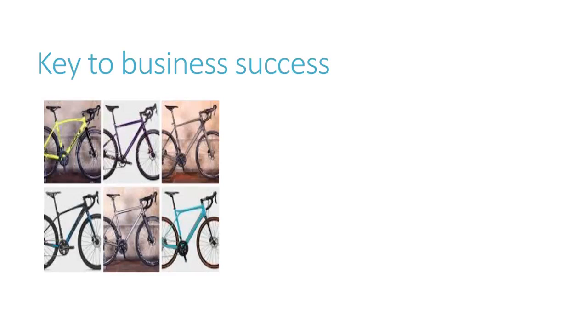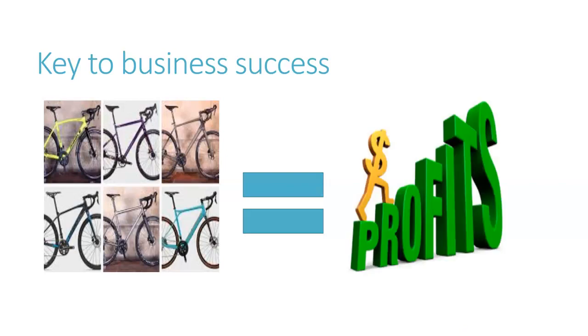So now, the key to the business's success. These are the bikes that Bob has been using in his business, and the bikes equal profits.